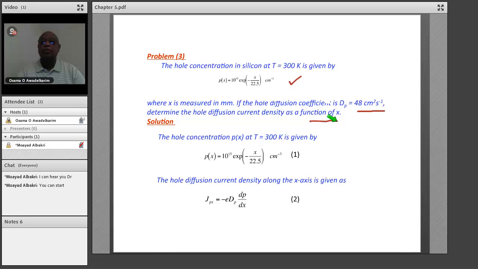So this is p here. What we need is J_px, the diffusion current density from holes, which is related to dp by dx. So we have to get the derivative of p with respect to x, and then plug in the diffusion coefficient of holes and the electronic charge.